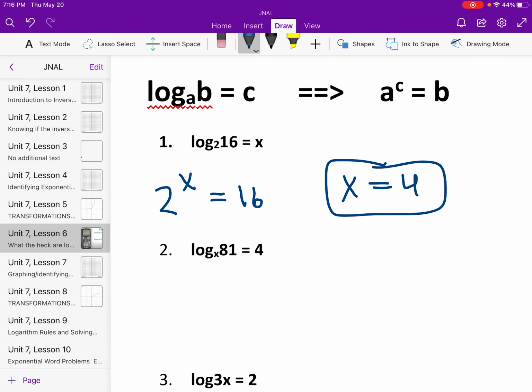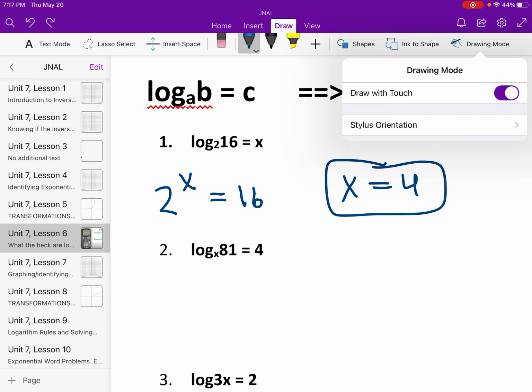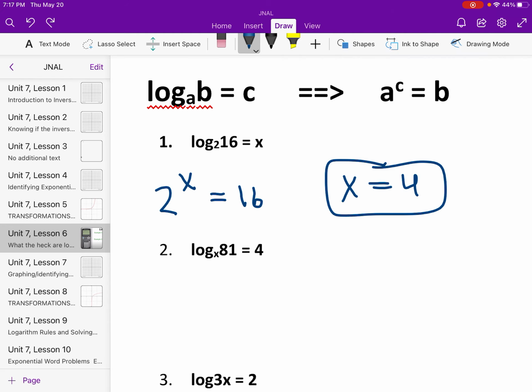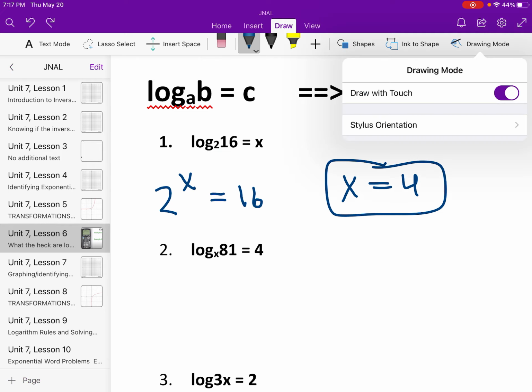Because really, what you can do is take any root of this. Square root, that gives us 4, so no. Cube root, that gives us something that's not even a number that we can use. So then 4, that would be our correct answer. And that would give us 4. So that is our answer for that one. So in a situation where x is by itself, there's really no point. You pretty much would have to type that into the calculator anyways.